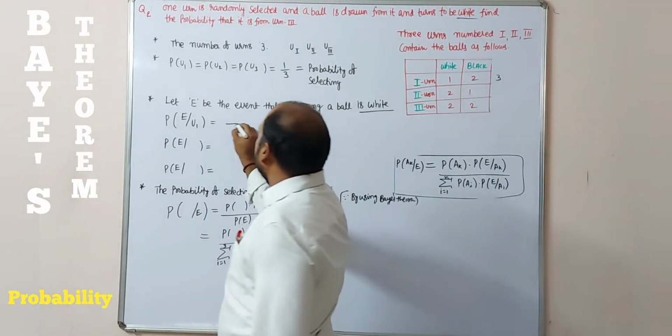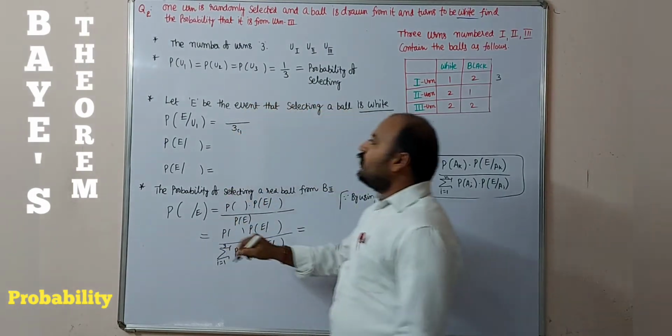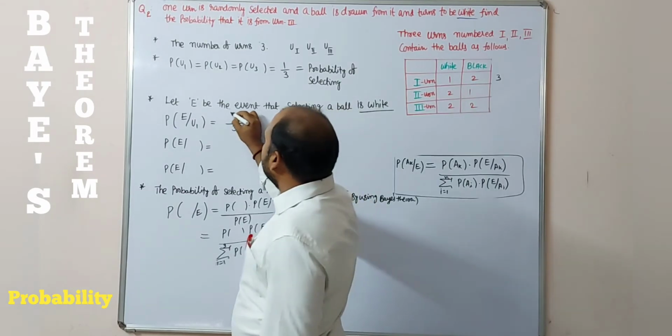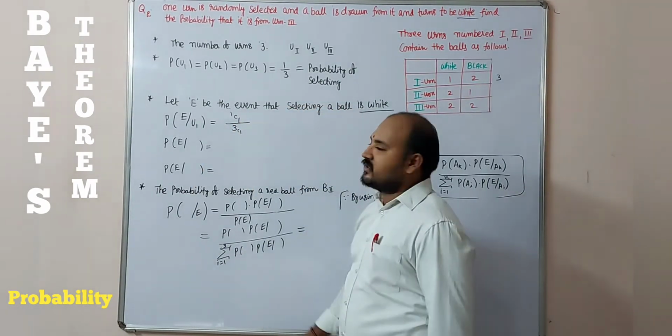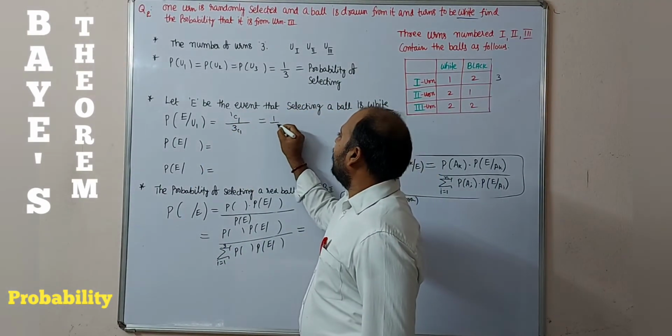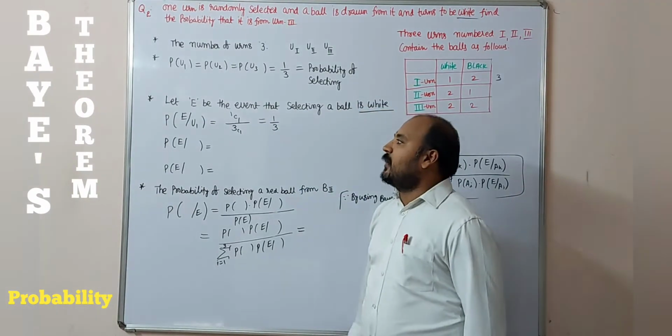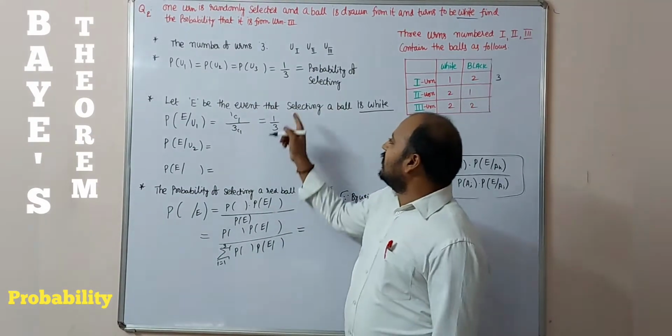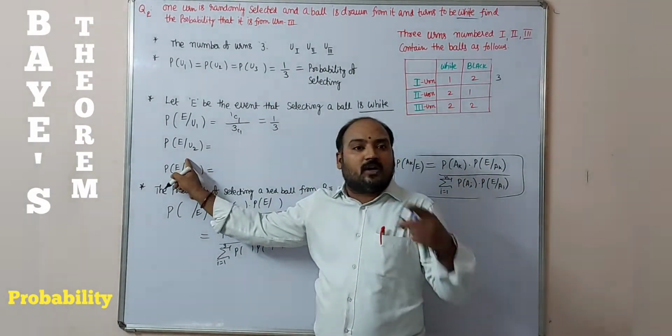So out of 3 we can select 1 ball. How many white balls are there particularly? Only 1 white ball is there. So 1 white ball selected in 1C1 ways, which is equal to 1 by 3. Similarly, the probability of E given U2, the probability of selecting a white ball from urn 2.